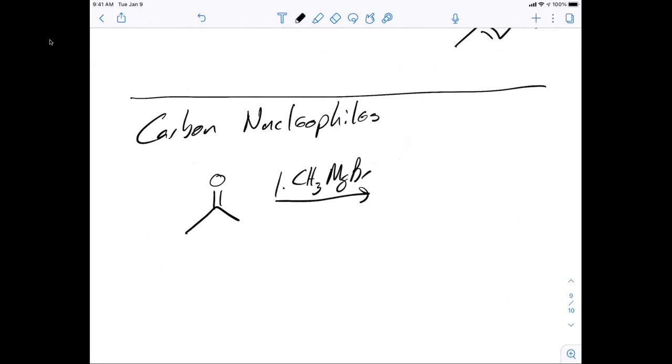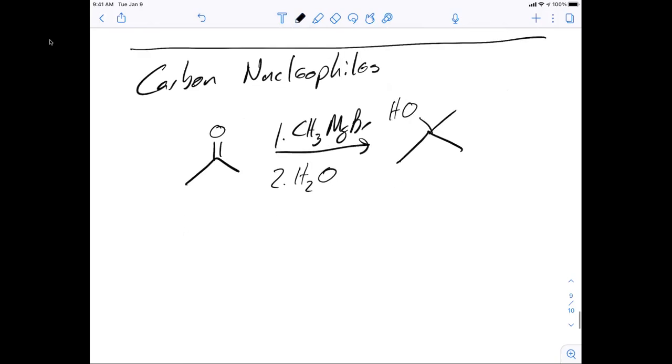So remember, the Grignard is going to be the carbon with the magnesium. Grignards always have to react in non-aqueous conditions. That's why I have the 1 and the 2.